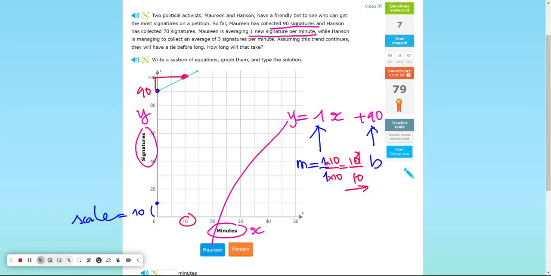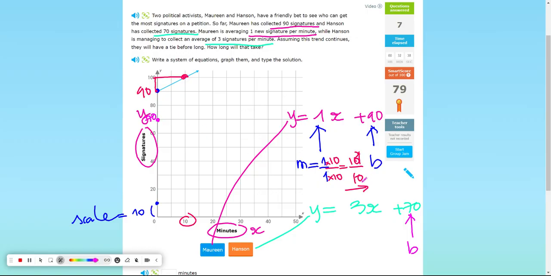Here we go. So now let's find the equation for Hansen. Hansen collected 70 signatures, so 70 in the back, and then he collected 3 signatures per minute, so 3x. So let's roll, go and graph this. 70, so that's a B. I go and find 70 right there.